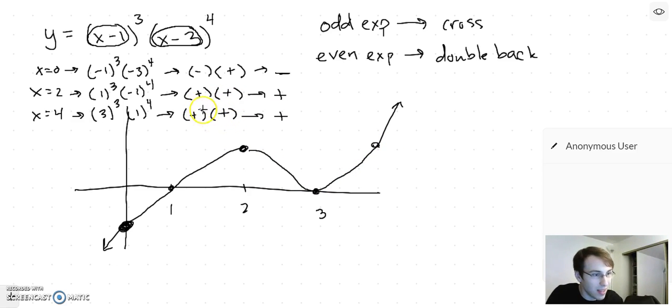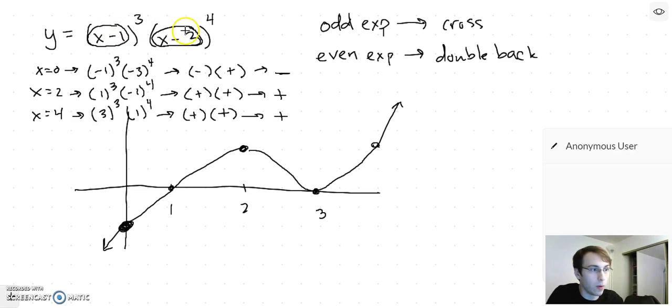So the general takeaway is that when you've got an odd power and the inside flips sign, that sign flip is propagated to the function itself.